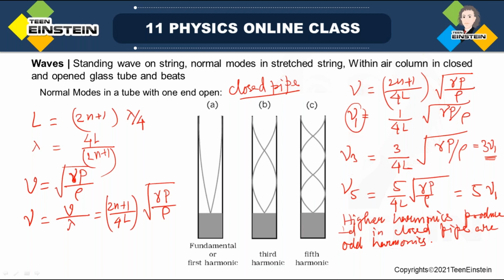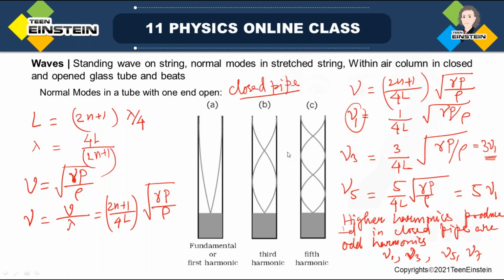What are those? For the first harmonic, the fundamental frequency, we get the third harmonic, and then the fifth harmonic, and if you go on, you'll get the seventh harmonic. So these are all odd harmonics. So in a closed pipe we get the odd harmonics. Here you have to remember the fundamental frequency and the frequencies we obtain.